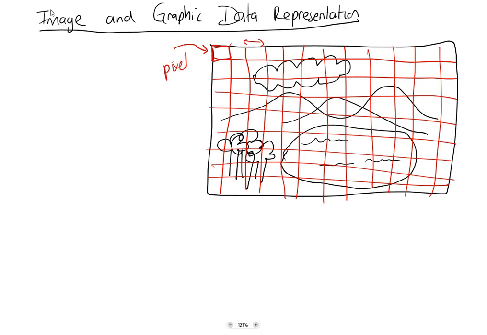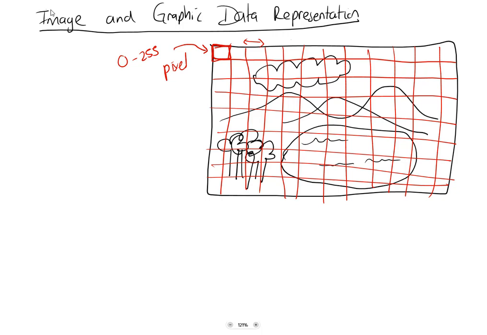So pixels are quite intriguing in that individually they are all the same color, but when they are put together, they make up beautiful images. And so we sometimes have to change the representation of the pixel to represent different kinds of images. So for example, for a black and white image, the pixel will just represent an intensity, let's say from 0 to 255, of different shades of gray, right?